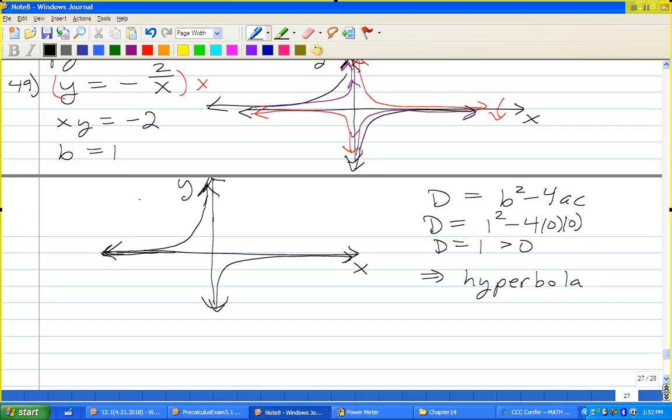So if you look at this, here's my bounding rectangle, and here are my asymptotes for that bounding rectangle. Here's my real axis. Here's my imaginary axis.